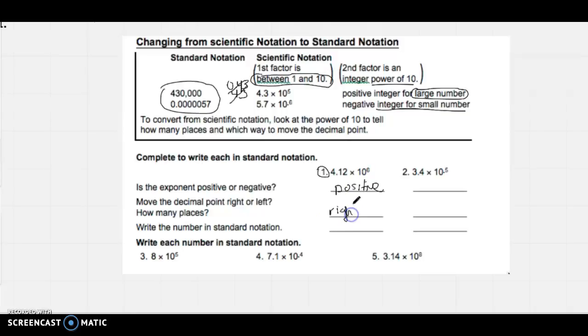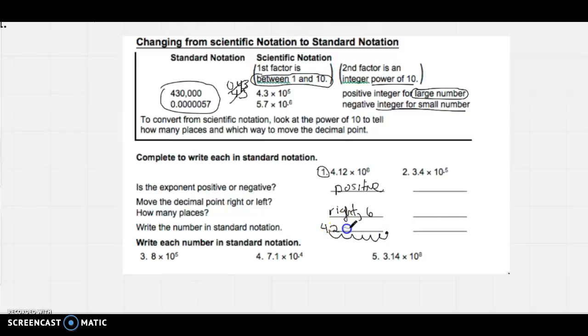And to determine how many places, you just look at the exponent. It's 6. So I'm going to move the decimal to the right 6 places. Well, what does that mean? That means I start with this, 4.2. And then I take this decimal point and I move it 1, 2, 3, 4, 5, 6 places to the right.